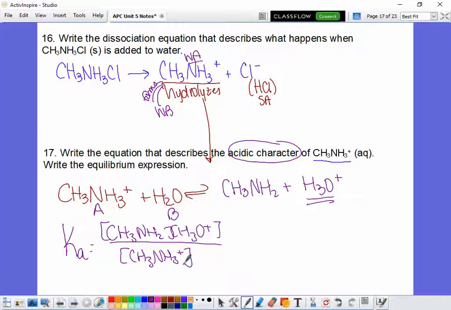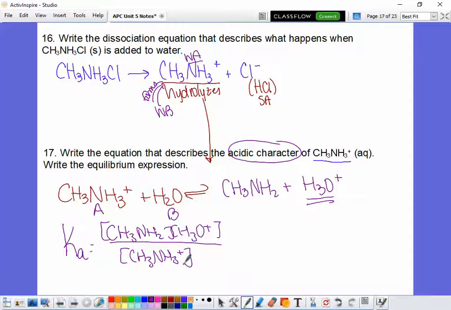You're going to be given some equilibrium constants, like in the next problem. Okay? It's not going to be so open-ended where you have to know from the structure. You're going to be given some other clues that will help you along the way. The most challenging part is recognizing that you have a salt and not a weak acid or weak base to begin with. All right, that's going to be your challenge right there. Okay?